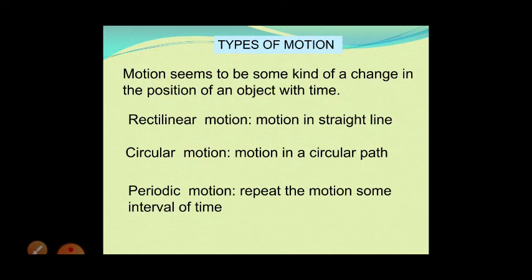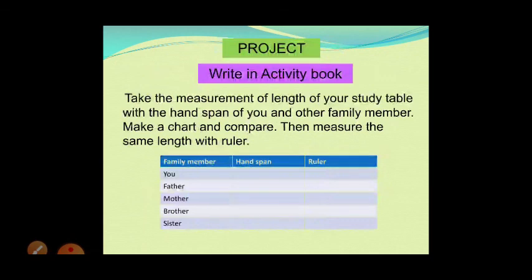So this is about this chapter. Now today again I am giving you a project. What you have to do is, in your house, maybe one study table will be there. Ask your parents, your brother, sister, and also you, take the length of the table with your hand span.